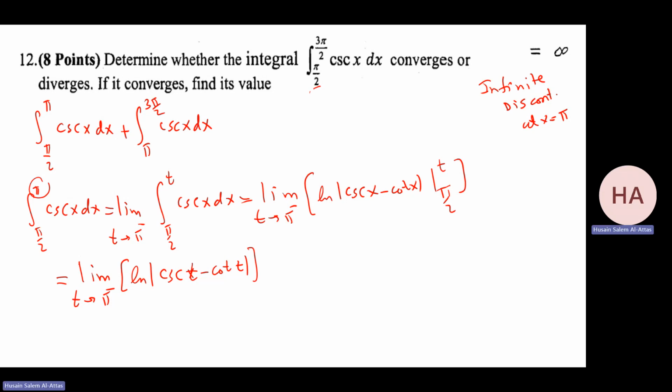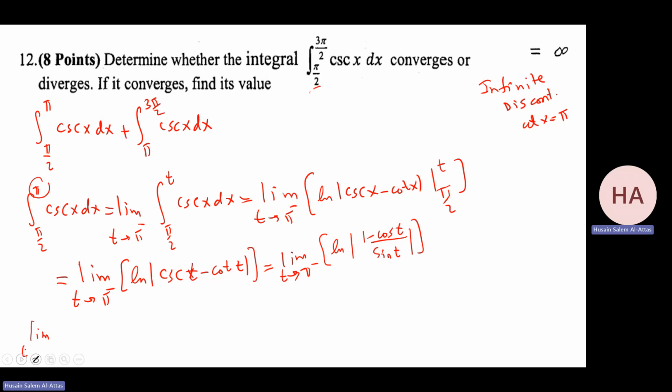Yeah. How to find this limit? I think I'll change it to sine and cosine. That will be easier for me. That will be limit t goes to pi from left of 1 over sine t minus cosine t over sine t. Yeah, let me do this limit here.